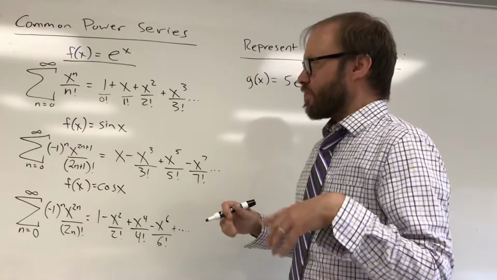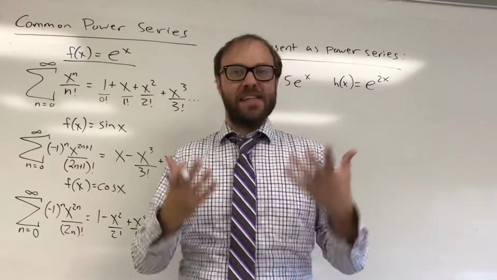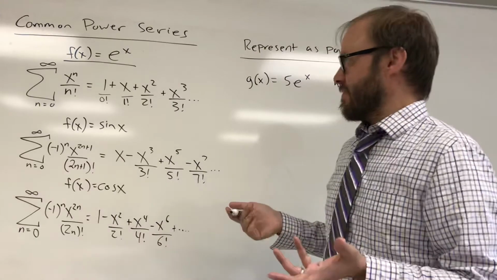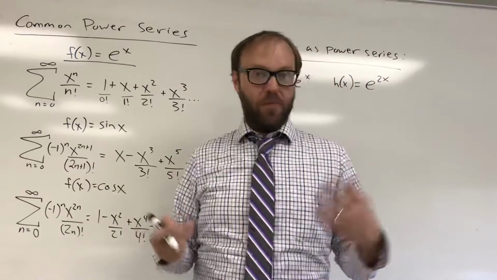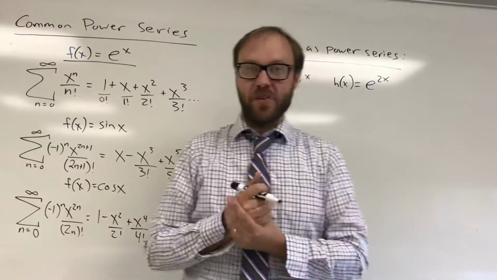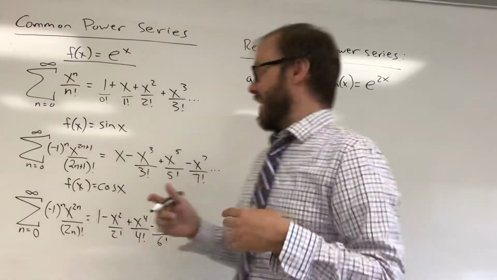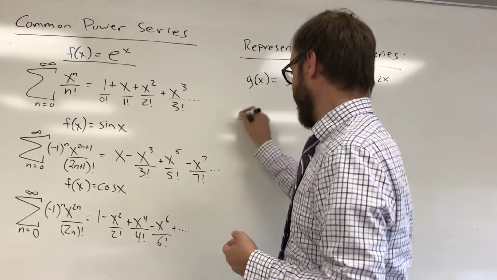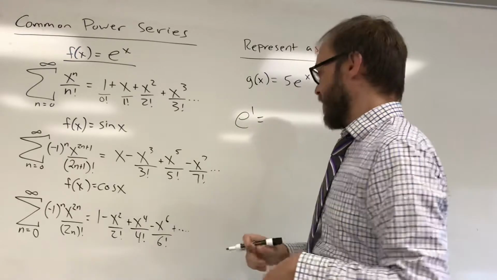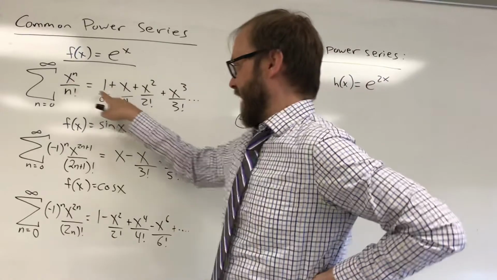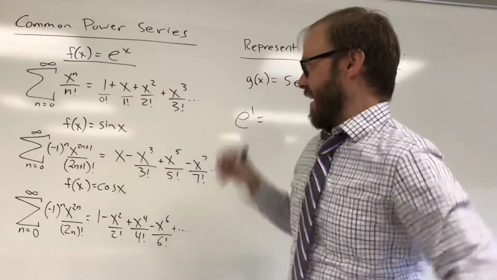So let's say that you wanted to get a decent decimal approximation of the value of e, for example. Most of you probably know e is about 2.718. If you wanted to do that, you're trying to find the value of e to the 1st power, okay? You can just substitute 1 in for your x value here, and you could write out a few terms.